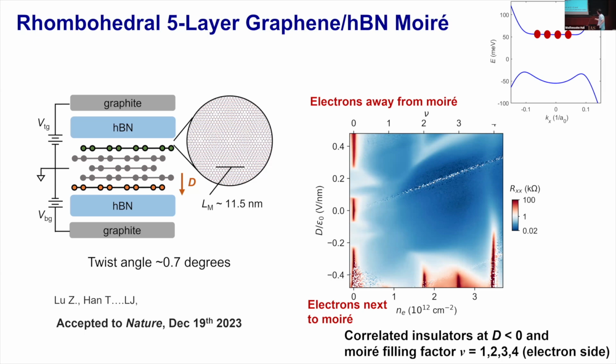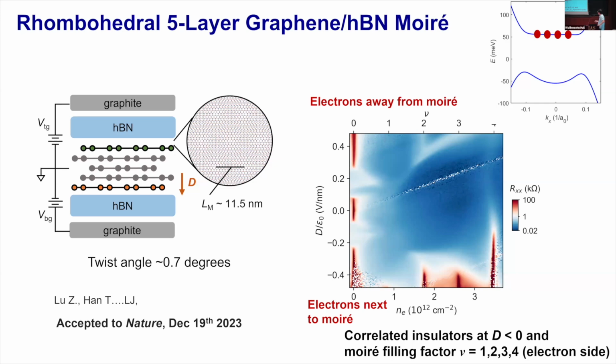This phase diagram corresponds to putting electrons in this conduction band bottom here. You have two choices. You can apply the gate electric field upward or downward, and the effect is whether you push the electrons in the flat band close to the Moiré or far away from the Moiré, right?